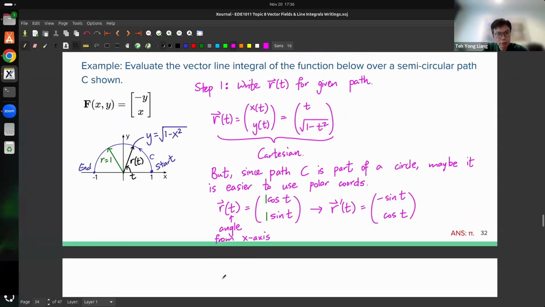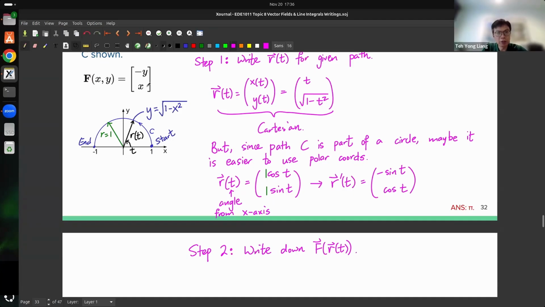Step 2, write down f, or whatever vector field, of r of t. This is easy peasy because look at your f here. F is a function of x, y. So what does this mean?